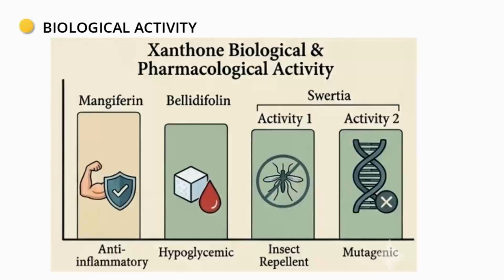When we see its biological activities, it is used as anti-inflammatory due to the presence of mangiferin, as hypoglycemic due to the presence of bellidifolin, and for insect repellent and mutagenic activity, which is due to the presence of Swertia phytoconstituents.